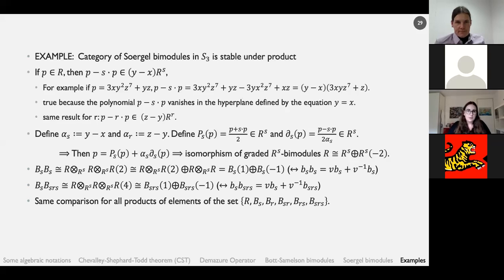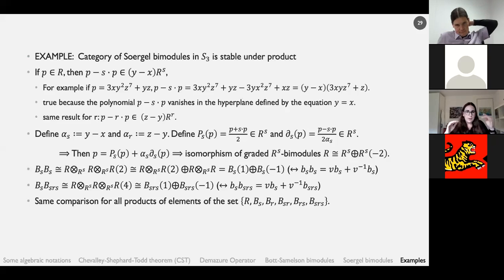And we can also do that with the isomorphism that BSRS is isomorphic to BSRS with a shifting grading of 1, and the direct sum with BSRS with a shifting grading of -1. Again, we can compare that with the equality that works in the Hecke algebra, and we can see this connection to what we have learned last week.